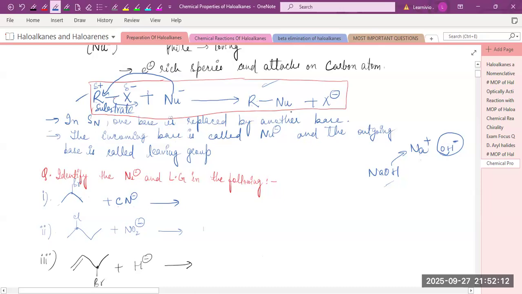This is your incoming molecule, आप कह सकते हो incoming base, incoming group कह सकते हो. This incoming group is called the nucleophile, and this is the outgoing group. ये group left कर रहा है bond को. So this outgoing base or outgoing group is known as the leaving group.